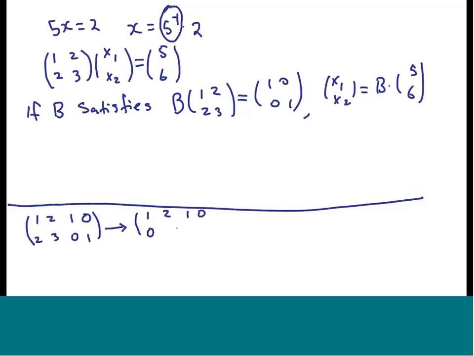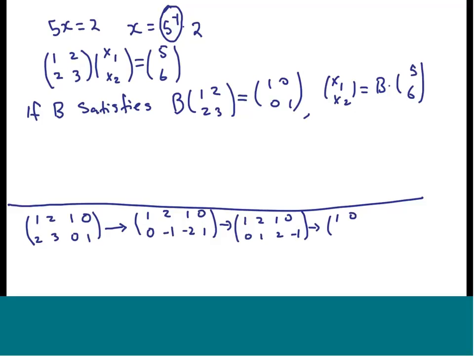Then get 0 here, -1 here, -2 here, and 1 here. Then I multiply the second row by -1, getting 1, 2, 1, 0, 0, 1, 2, -1. Then I take the second row times -2 and add it up, and get 1, 0, -2.